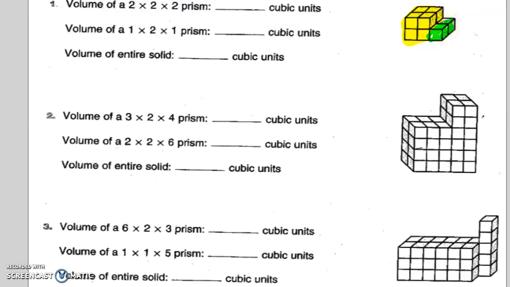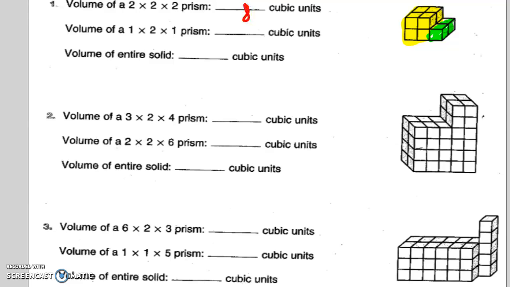My yellow prism appears to be 2 blocks long by 2 blocks wide by 2 blocks tall. I think we will all agree that that matches the first formula. So the volume of a 2 by 2 by 2 prism should be 8 cubic units.